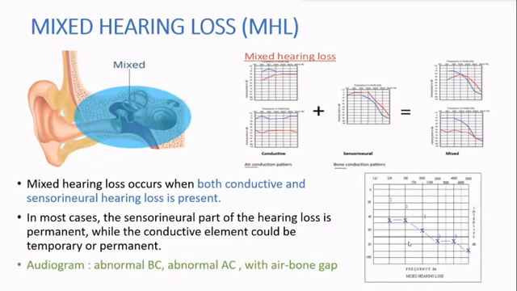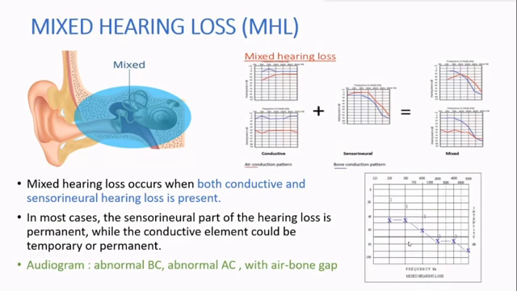When you perform an audiogram, you will see that the bone conduction is also not normal, and the air conduction is also not normal. Between the air and bone, there's an air-bone gap. This is what we call mixed hearing loss.